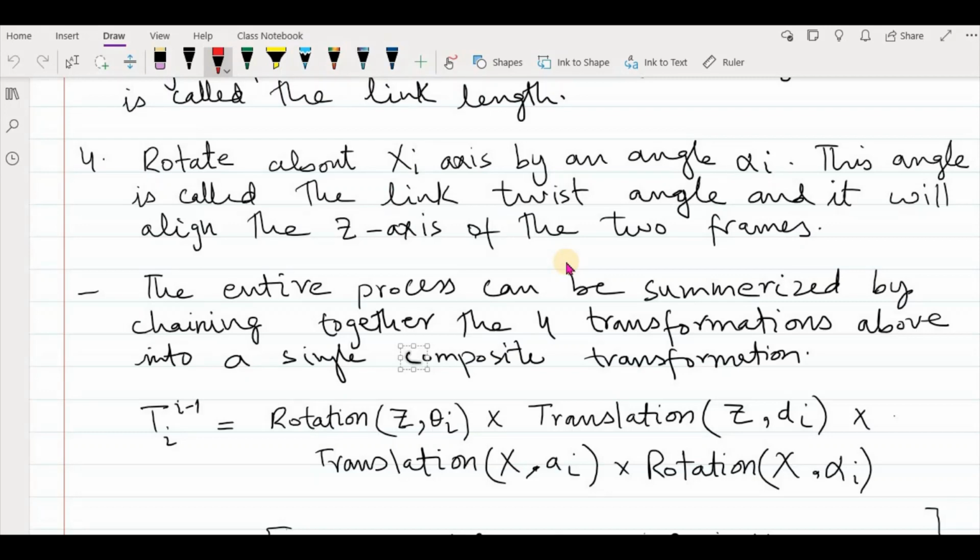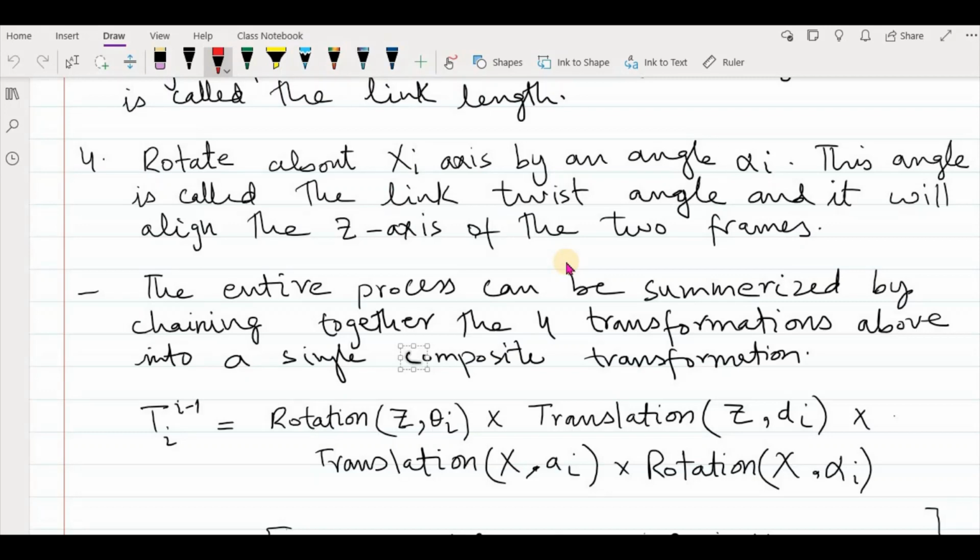First, a rotation about the z-axis with theta_i. Then a translation along the z-axis with a distance d_i, multiplied by another translation along the x-axis with length a_i, multiplied by a rotation about the x-axis with angle alpha_i.